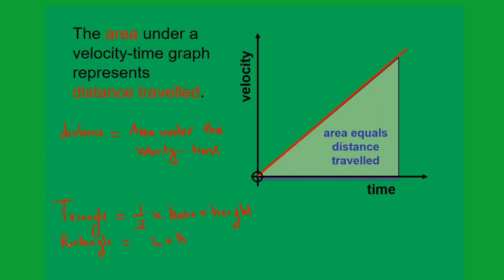breadth. If the area under the velocity time graph is a trapezium, then it is half into the sum of the two parallel sides into the perpendicular distance between the two parallel sides.